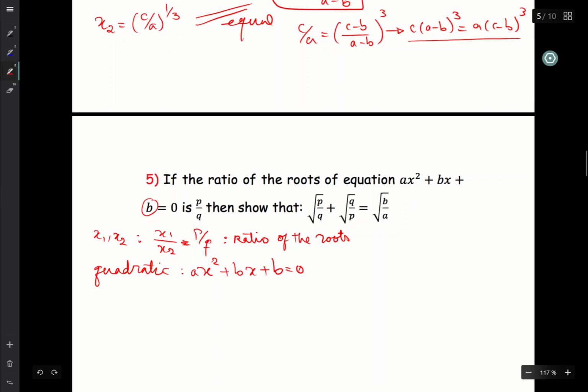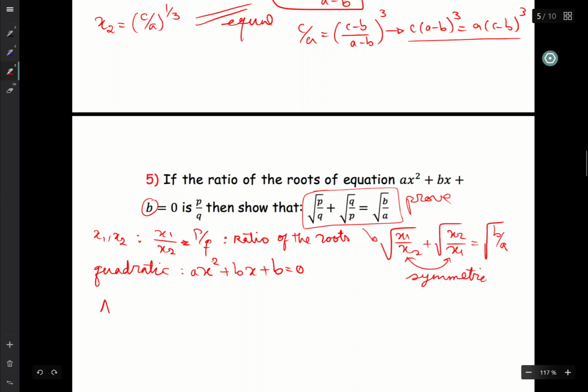Then it says to prove this relation between square root of p over q and square root of q over p equals square root of b over a. So what we need to prove is square root of x1 over x2 plus square root of x2 over x1 is the square root of b over a, right? But this is a symmetric expression.